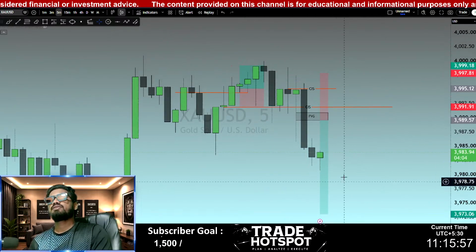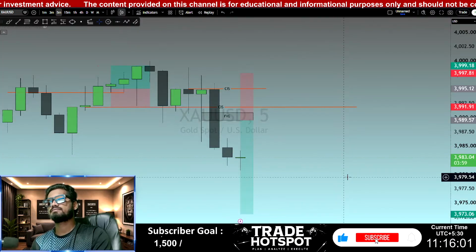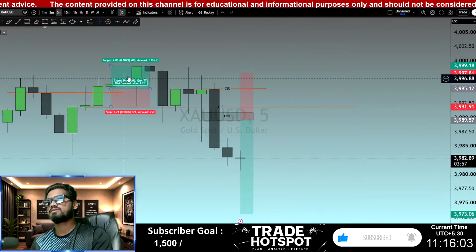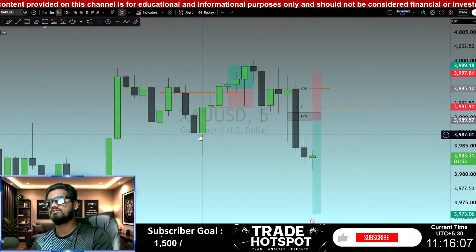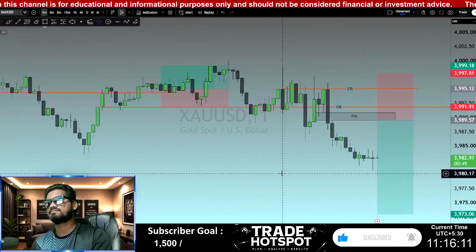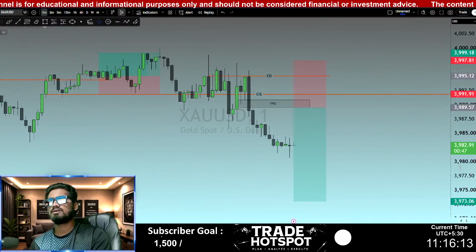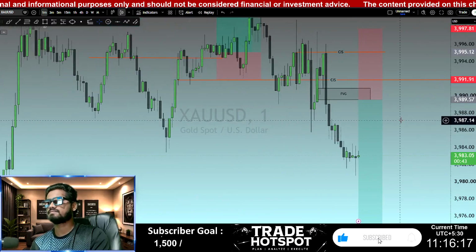If it will continue down, then we can think of another entry. We can wait for another entry or another opportunity, guys. So right now I'm waiting for this area to make an entry.